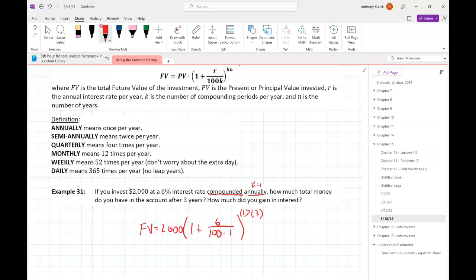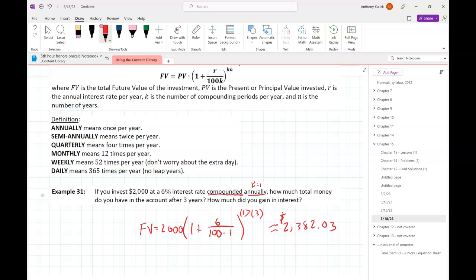Okay. So if I type this in, I get $2,382.03. How come I chose to round it to 2 decimal places? Because it's money, right?